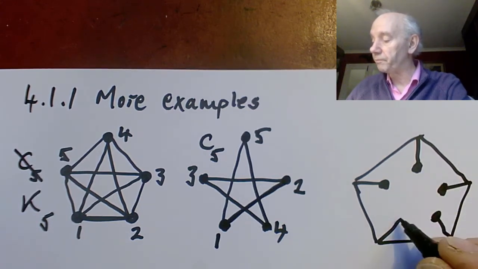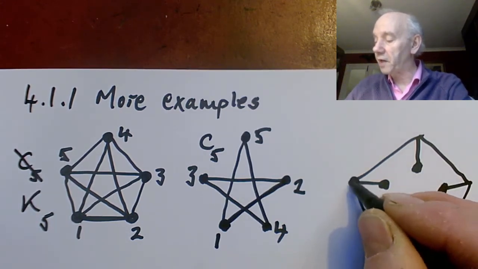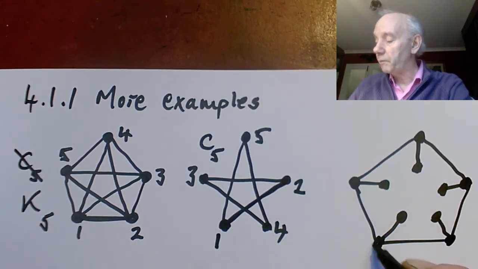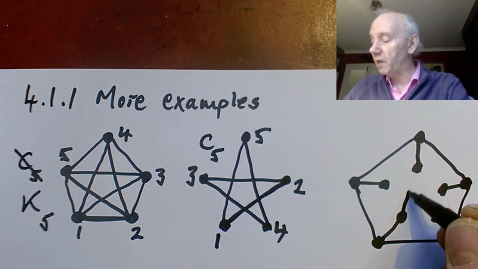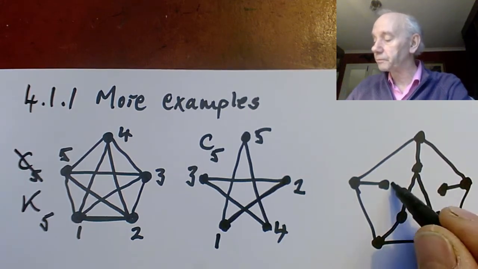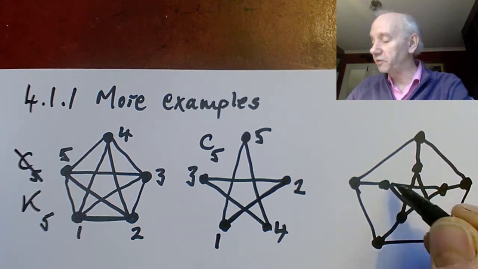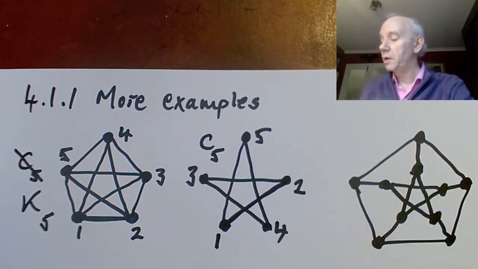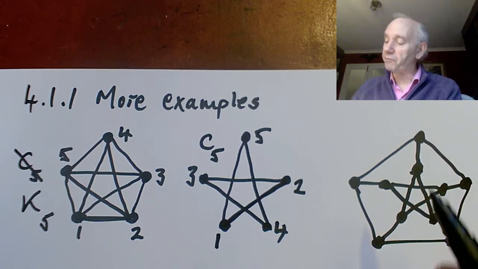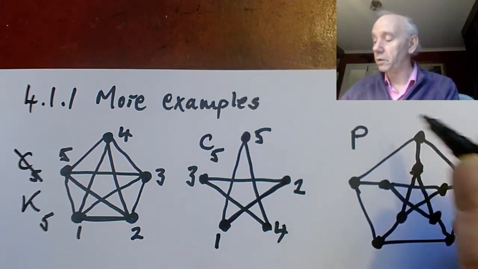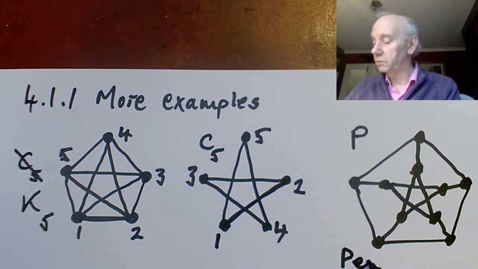I'm still going to have these 5 vertices around the outside. And now I'm just going to put in my pentagram on the inside. And that's another graph. It's completely different. Let's call this graph P. It's actually called the Petersen graph.